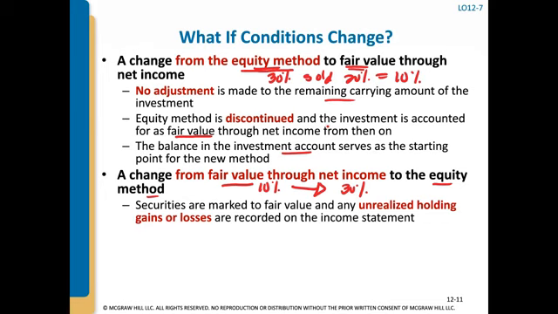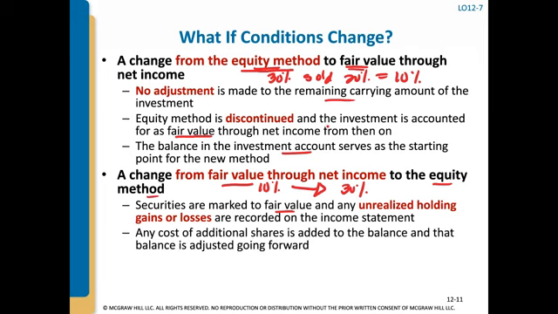In that situation, the securities are marked to fair value on that date. Whatever your investment is, you true it up to the fair value, and you recognize any unrealized gain or loss through the income statement. You add the additional cost of the shares that you acquired to that investment balance, and then you're going to start accounting for it using the equity method, and you should have a disclosure note to describe that change.